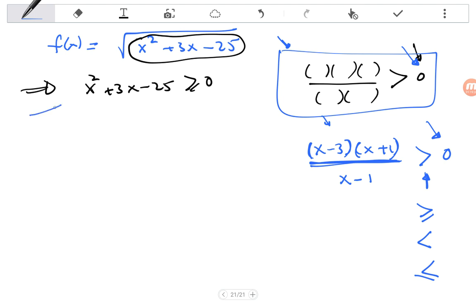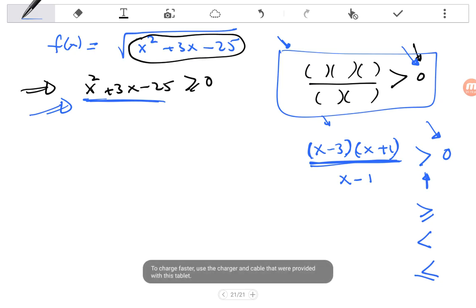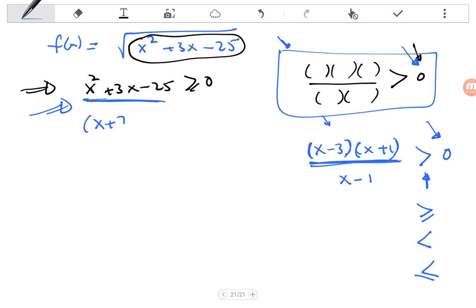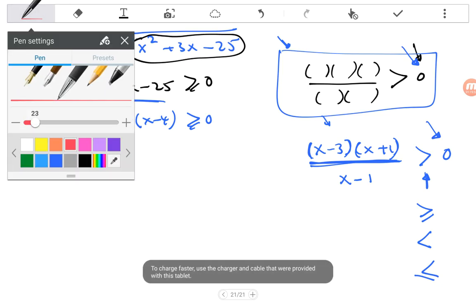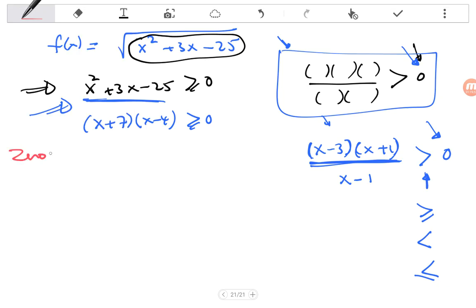Okay? So for a problem like this, first we'll factorize that expression. When you factorize this expression, we'll just find x plus 7 times x minus 4 greater than or equal to 0. The first step is to determine the zeros and the poles of that expression.